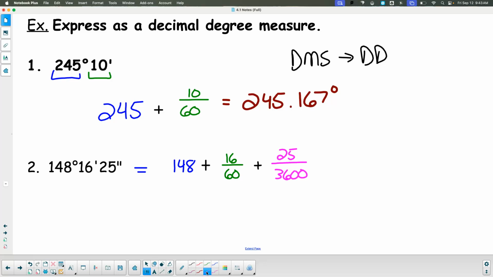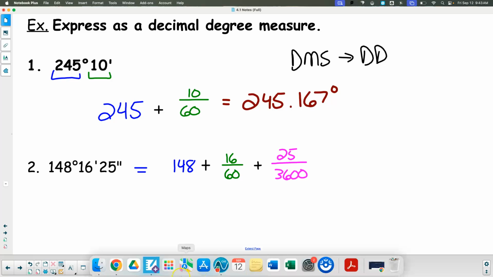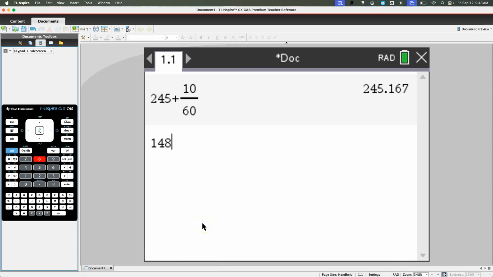Okay? So your fraction, or your addition now on your calculator is going to have 3 in them. So we'd have 148 plus 16 over 60 plus 25 over 3,600.